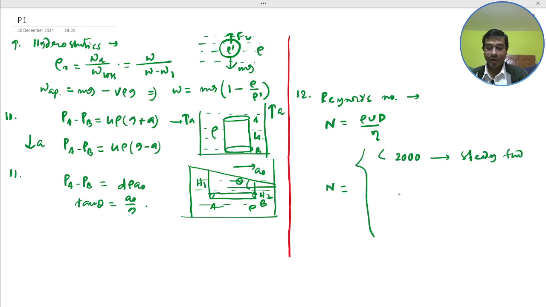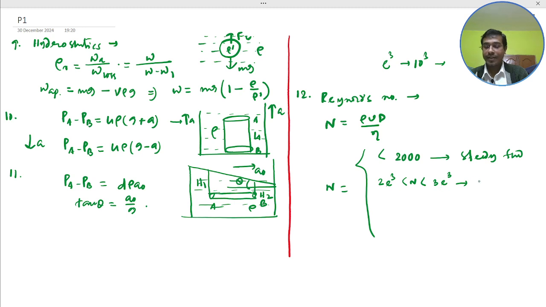Next one, within the range from 2 into 10 to the power 3 to 3 into 10 to the power 3. I write here e to the power 3 meaning 10 to the power 3, just writing the symbol as in Python script.